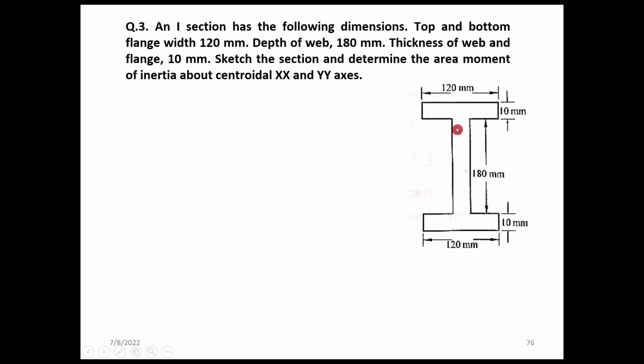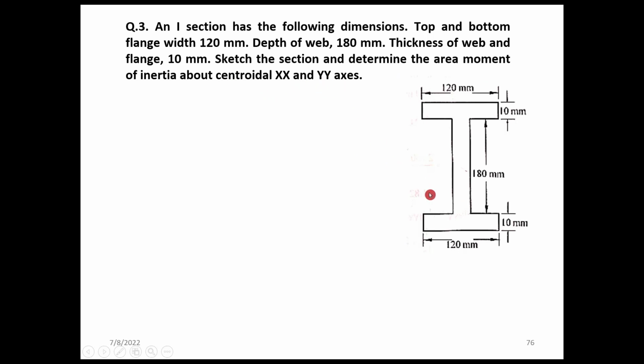Depth of web is 180, from here to here. Thickness of web, this value is 10 mm, and both flanges also. So this is 10, this is 10. So all thicknesses are 10. 120 is flange width, 180 is depth of web. Sketch the section and determine the area moment of inertia about centroidal axis y.